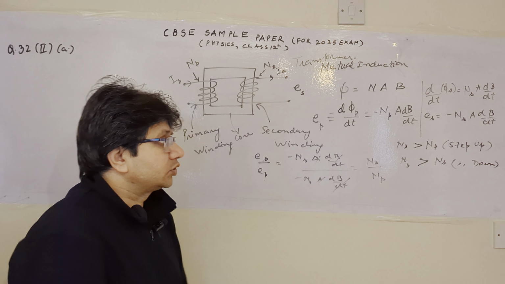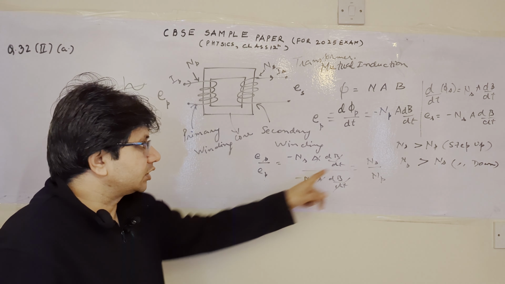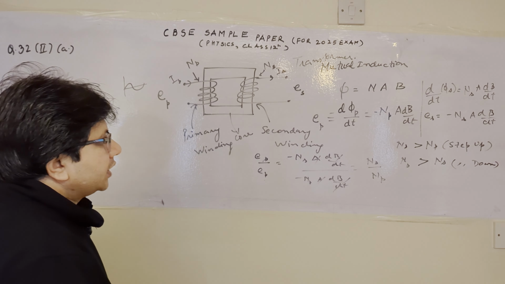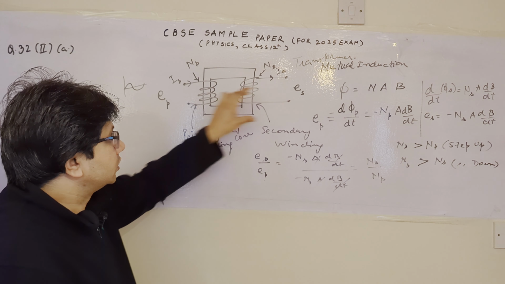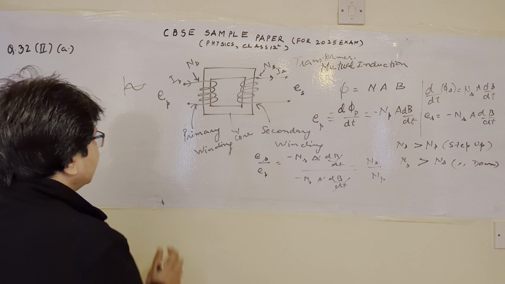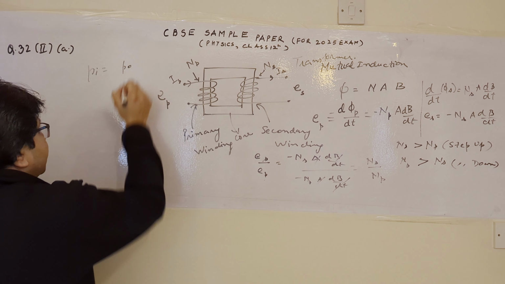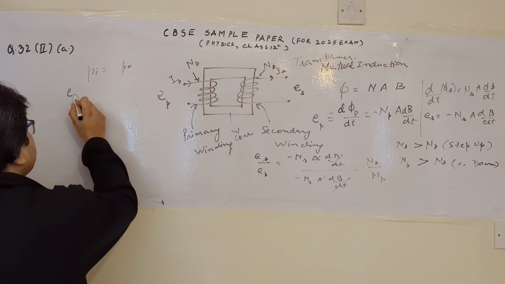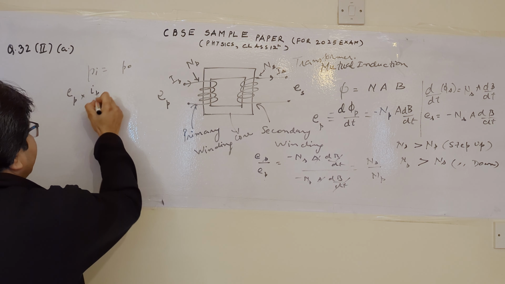Now we have to find out the relationship between the current and voltages. This is the ratio of voltage in terms of the ratio of the number of turns. Now we know that the input side power is equal to output side power. The power remains the same if the transformer is ideal. Input side power is given by the input side voltage, which is the EMF of the primary side, multiplied by the current in the primary side.